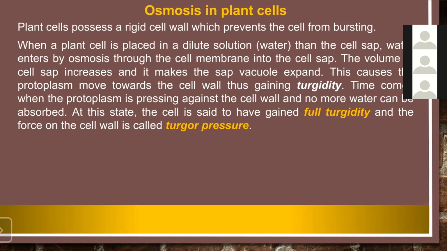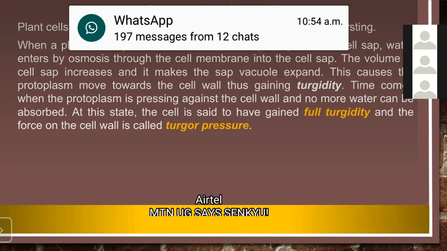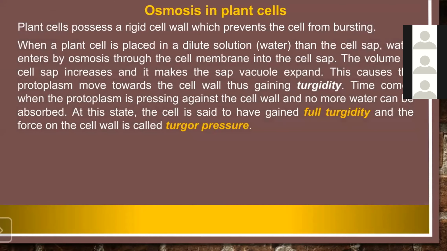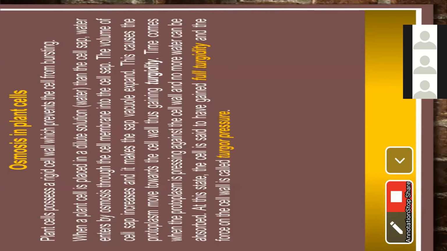That explains why the animal cell can expand and eventually burst. While the plant cell will expand, and when the expansion reaches the cell wall, it is going to experience some resistance from the cell wall, which will prevent further expansion. So at that stage, we say the cell has become turgid.